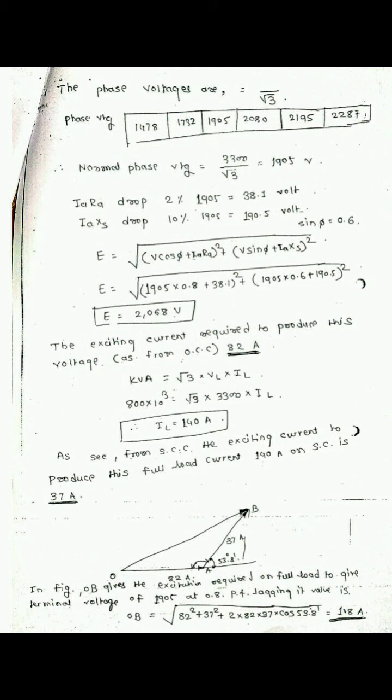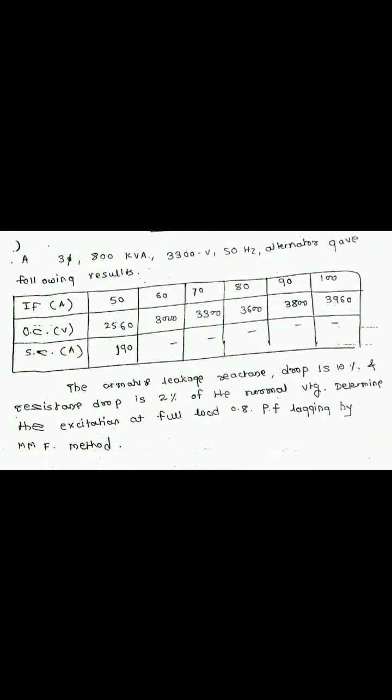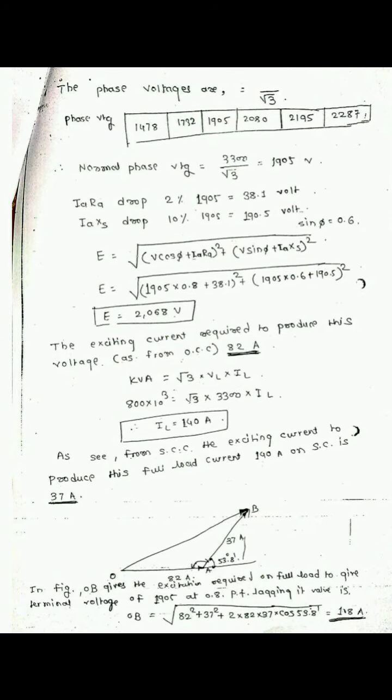We have the fundamental formula, kVA is equal to root 3 VL IL cos phi. From that we get the value of the line current. In the given problem it is 800 kVA, so 800 into 10 raised to 3 is equal to root 3 into 3300 into IL.